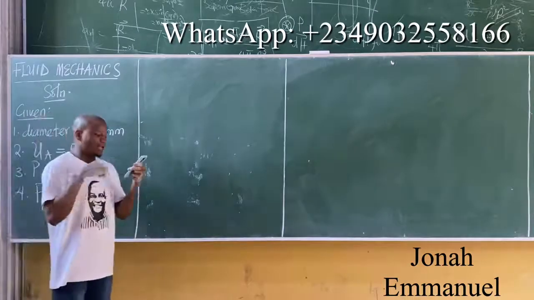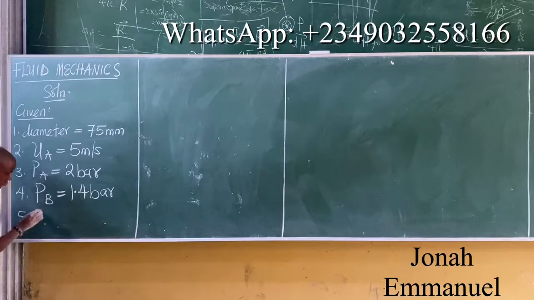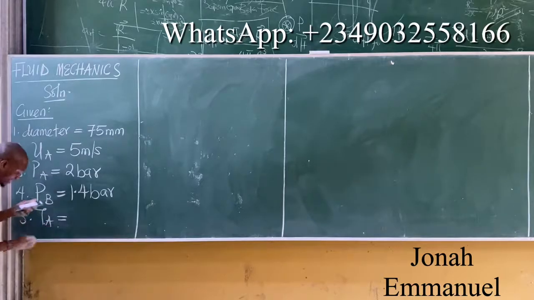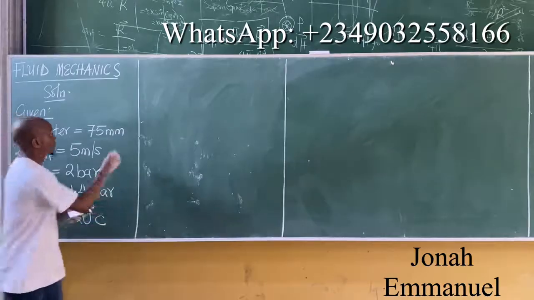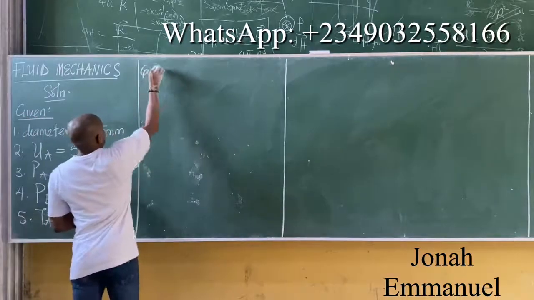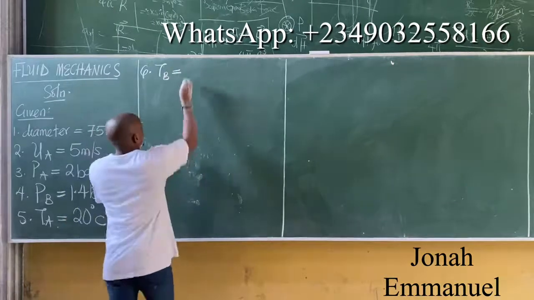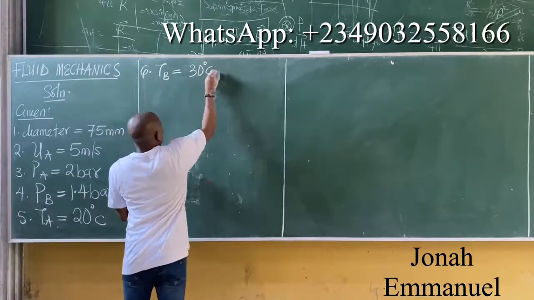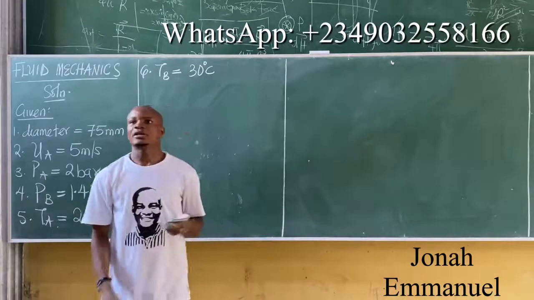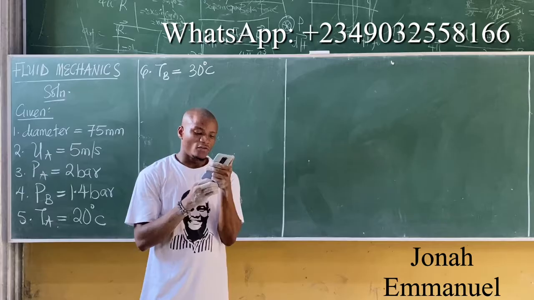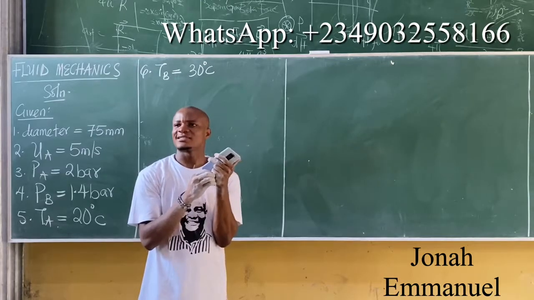Okay, now there's 20 for point A. We have temperature at point A as being equal to 20 degrees Celsius. Number 6, temperature at point B. What's your value? 30 degrees Celsius. Then again, hold on. They said for a barometer reading of 1.03 bar. What's that?